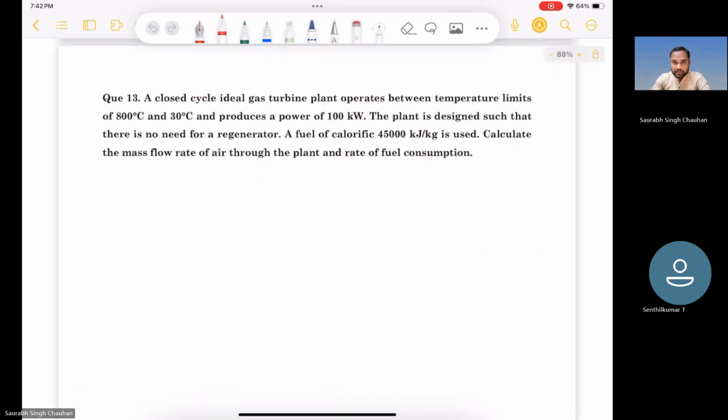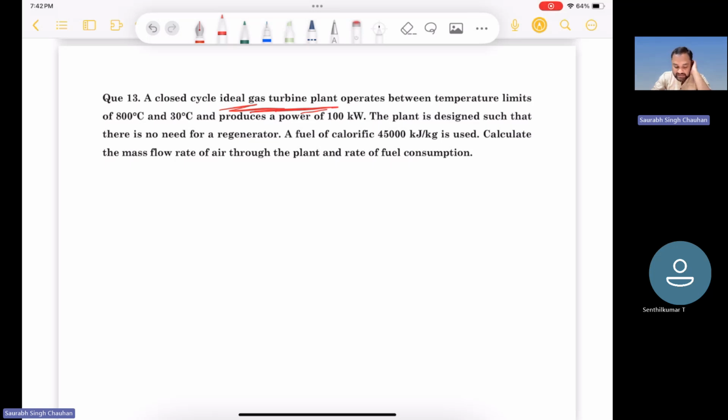Okay, and the last question, number 13, says a closed cycle ideal gas power plant, so no irreversibilities, operates between temperature limits of 800 degrees Celsius and 30 degrees Celsius. This is the maximum and minimum temperature. It produces a power of 100 kilowatt, so this is the net power output, turbine work output minus compressor work input.